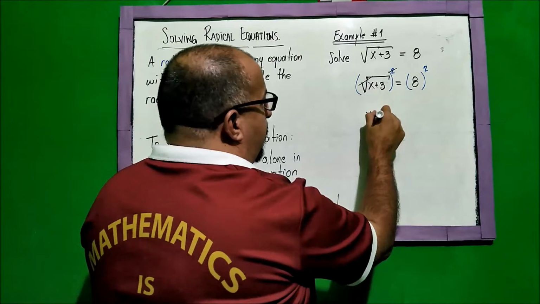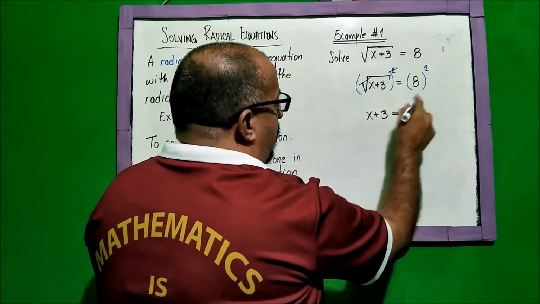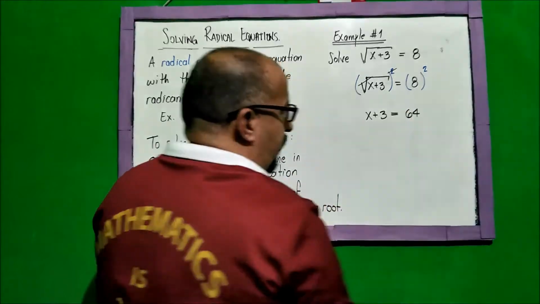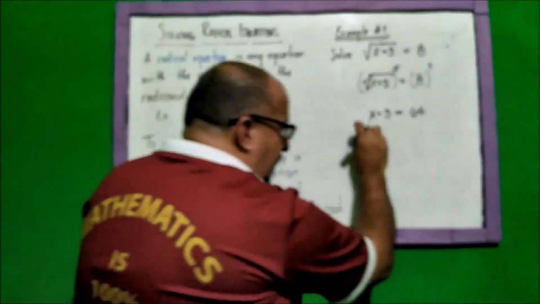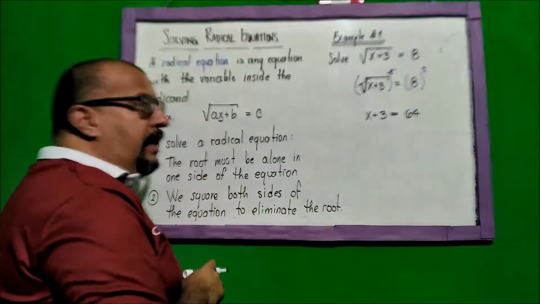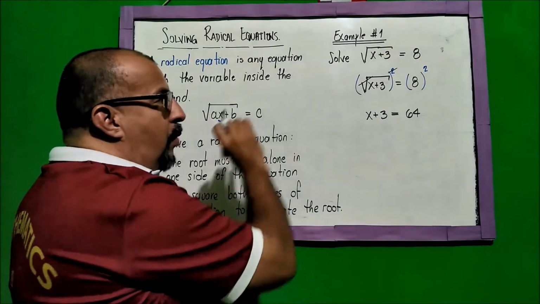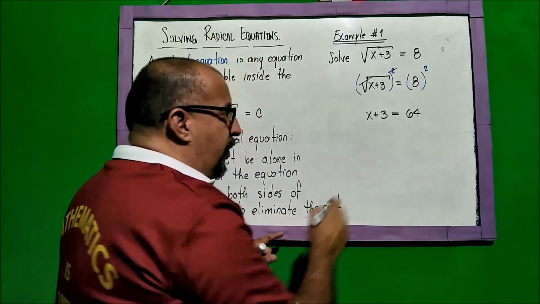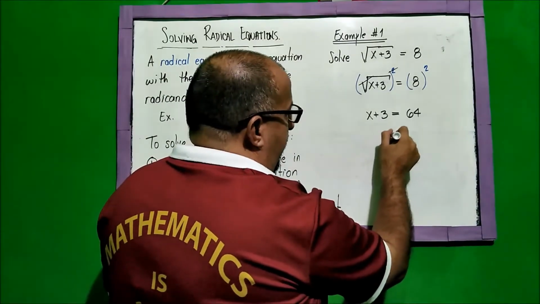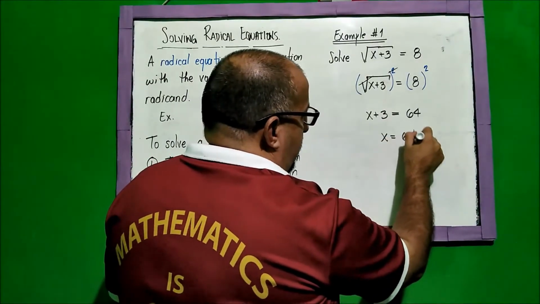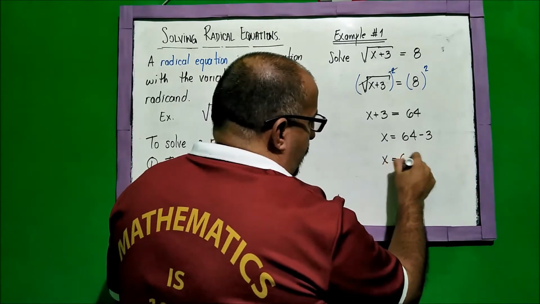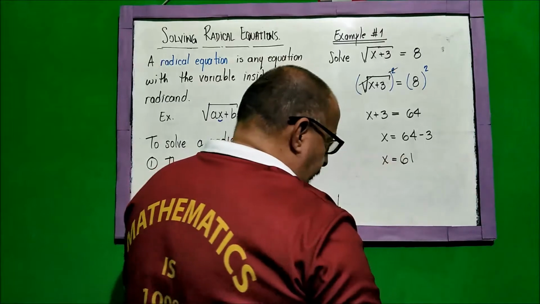And we have x plus 3 equals the result of 8 squared, which is 64. And as you can see, now that we eliminated the radical from the equation, what we have is a linear equation that can be solved by the regular inverse operations. So this becomes x equals 64 minus 3, and therefore x will be equal to 61.